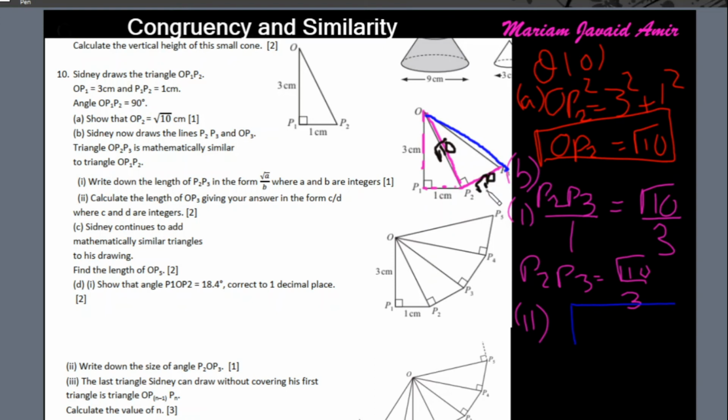So we'll apply Pythagoras theorem on these two: under root of under root 10 whole squared plus under root 10 over 3 whole squared. I'll just directly enter this in the calculator, and let's see what I get.